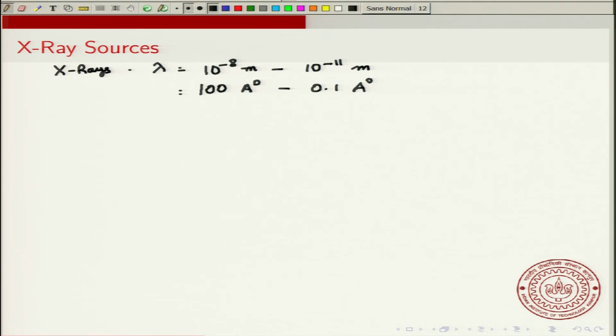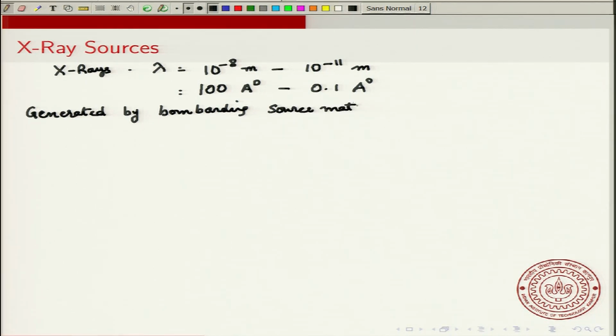So how do you generate X-rays? The typical way you will generate X-rays is by bombarding a source material with accelerated electrons.